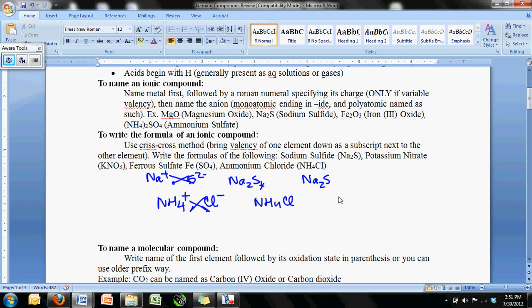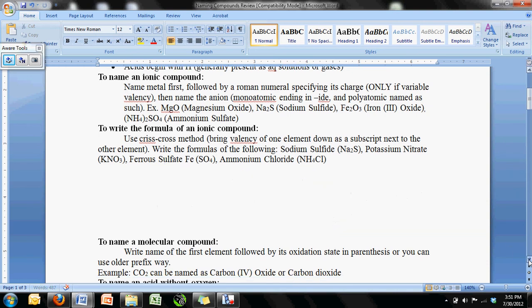What if it was ammonium sulfate? You know, ammonium forms +1 and sulfate is SO4 2-. When there is a polyatomic ion, you generally put a parenthesis before putting the subscript, showing that this whole formula is repeated twice. So it's (NH4)2SO4.